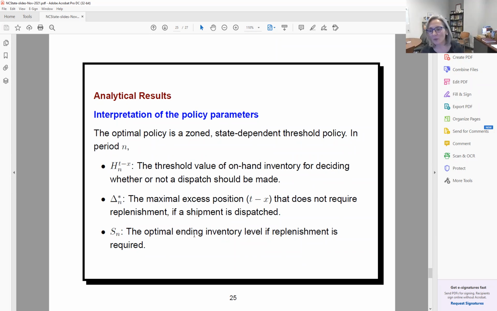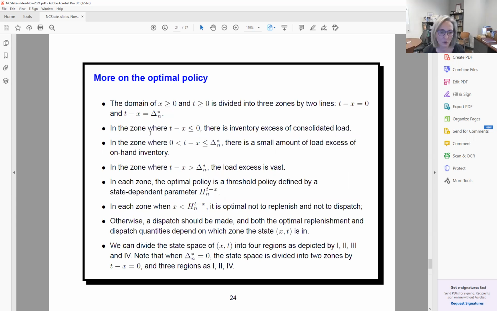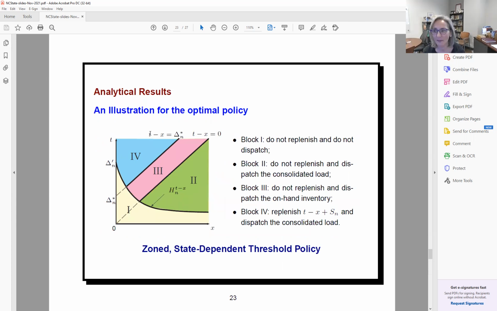You can think about the problem that I have just presented as a generalization of Scarf's seminal inventory model, for which the simpler SS policies are optimal. And if you ignore the outbound transportation costs and the outbound shipment consolidation efforts, the policy structure that I have just showed reduces to a traditional SS policy.